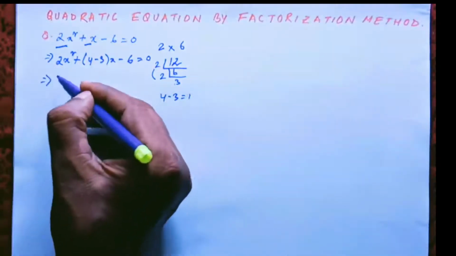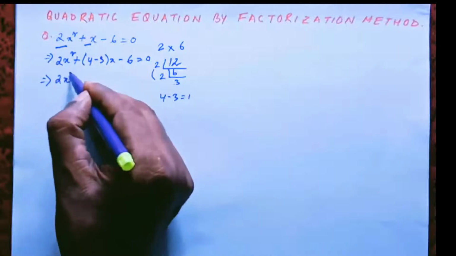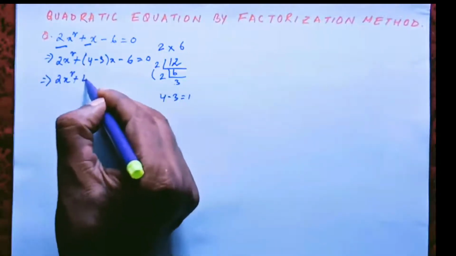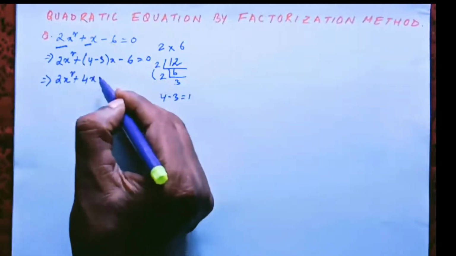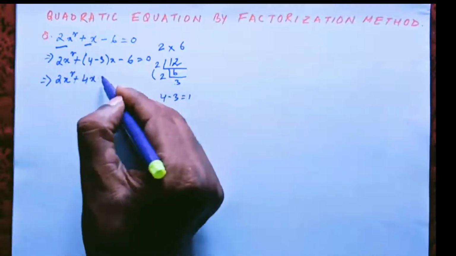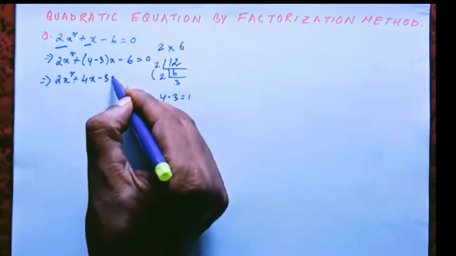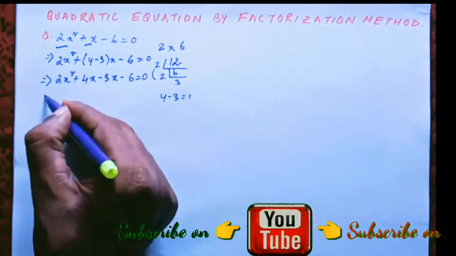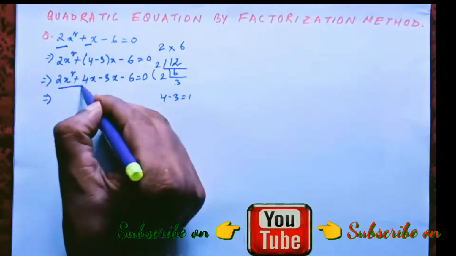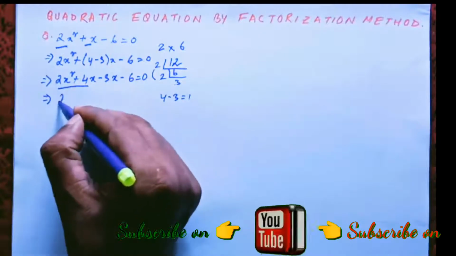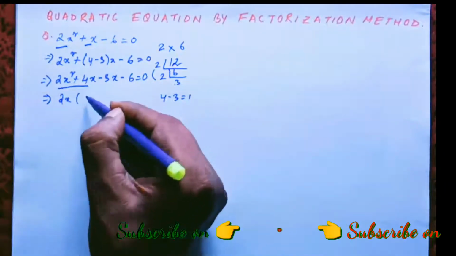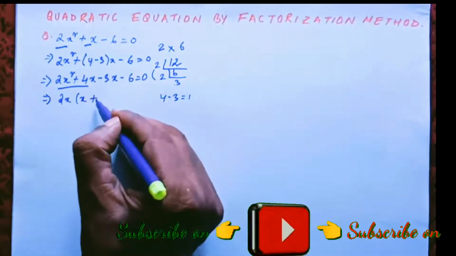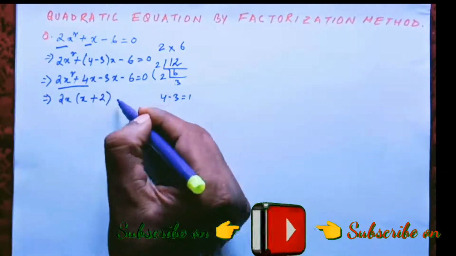So we'll open the bracket. 2x square plus 4x, plus into minus is minus 3x minus 6 equal to 0. From these two we can take common 2x, then we are left with x plus 2.